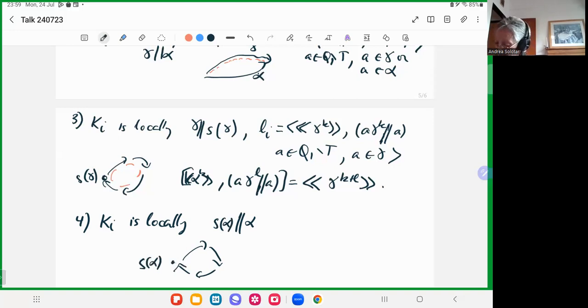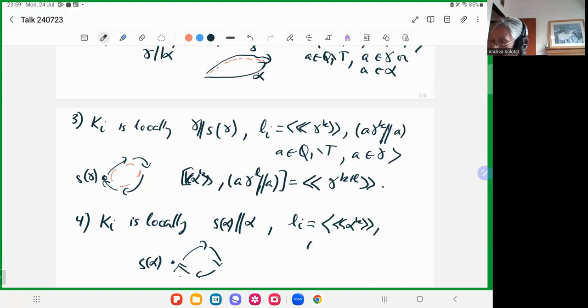And in this case, Li is going to be spanned by some elements that I will denote alpha k for k an integer, and that will be going around this cycle k times.